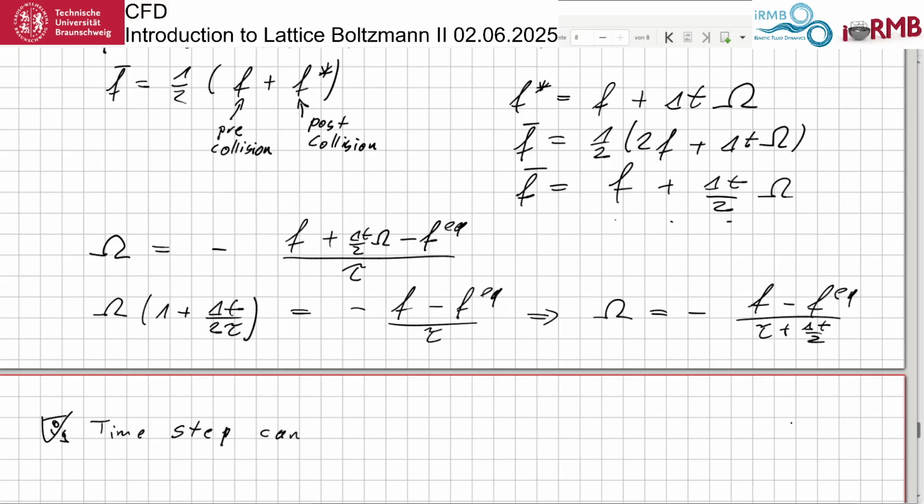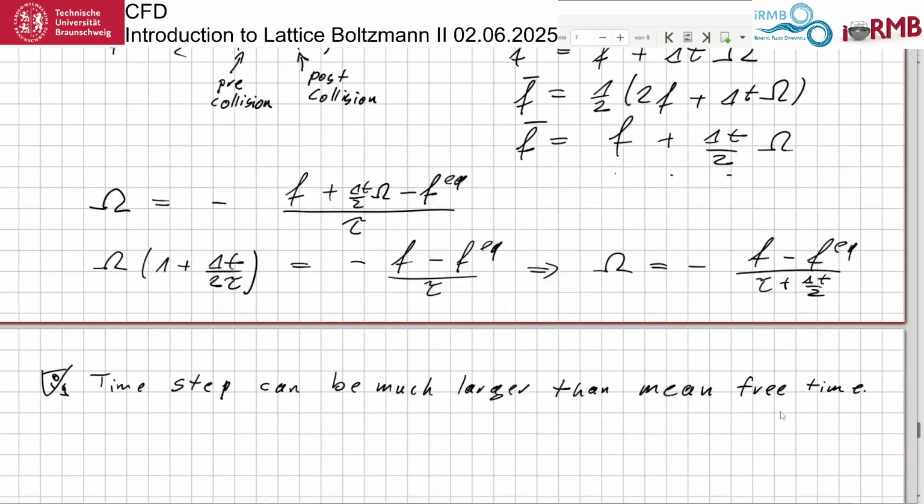So the time step can be much larger than the mean free time, meaning there is no time step restriction from kinetic theory.